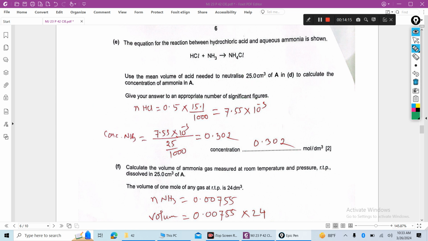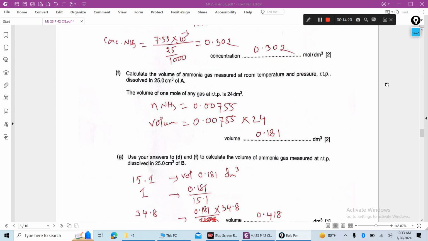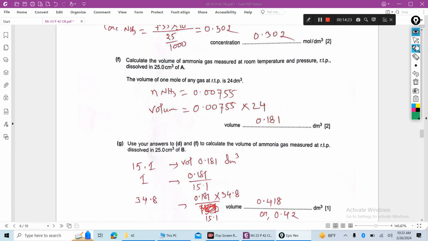Now F, calculate the volume of ammonia gas, measured at room temperature and pressure, dissolved in 25 centimeter cube of A. The volume of 1 mole of gas is 24 dm cube, the molar volume. You already calculated the number of moles of ammonia, 0.00755.